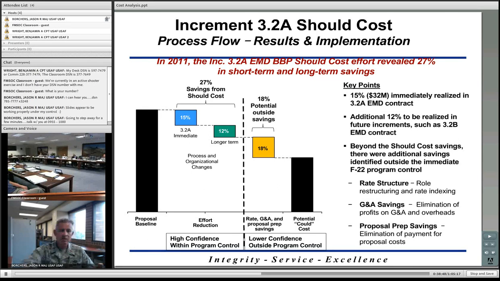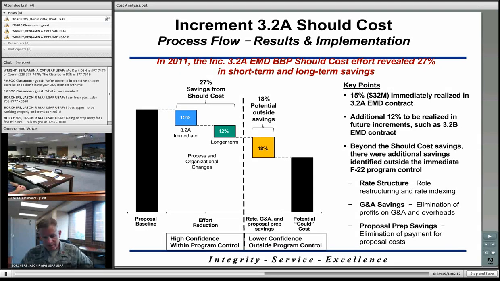On the right side of the line, these are things outside of the program office's control, but possibly something that they can influence. So there tends to be a little bit of a lower confidence that these savings will actually be realized. The 18% is not guaranteed, but it's possible based on our should cost analysis. It's possible we could realize those savings.